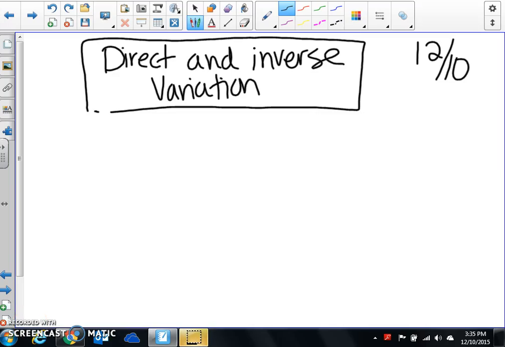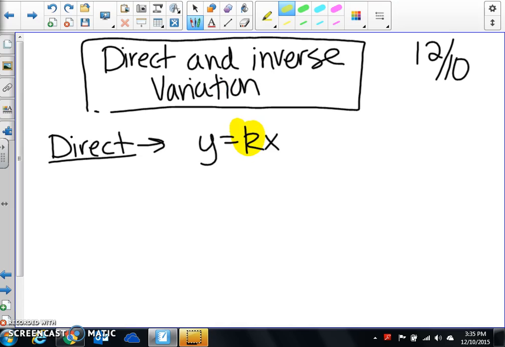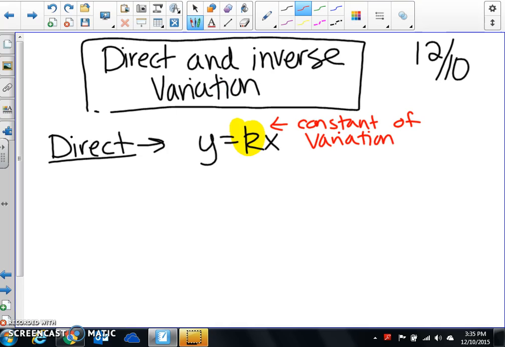So we have direct and inverse variation. Direct variation, I know we took notes today, but here's a couple things as a reminder. It's y equals kx, where that k is the constant of variation. And remember, for direct, it's going to be the same as slope.